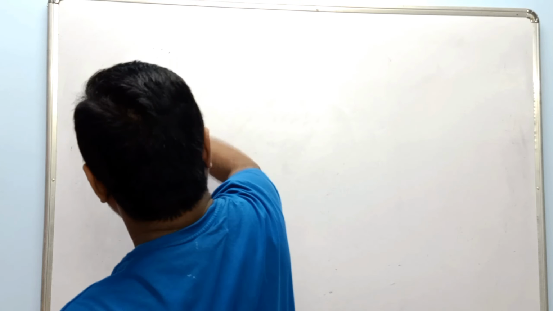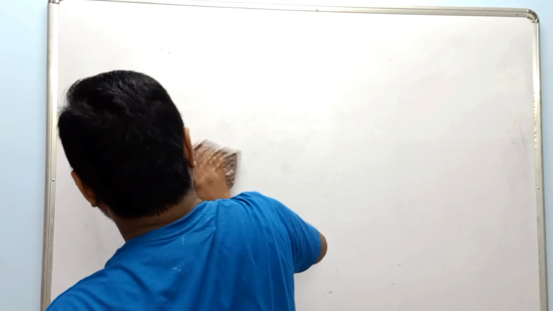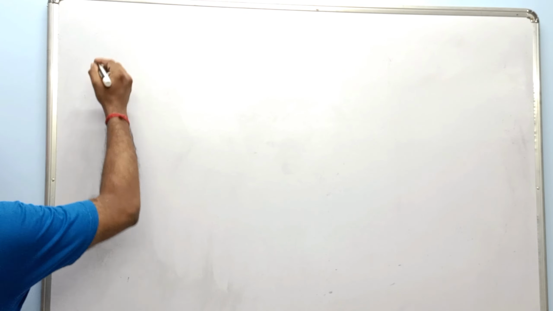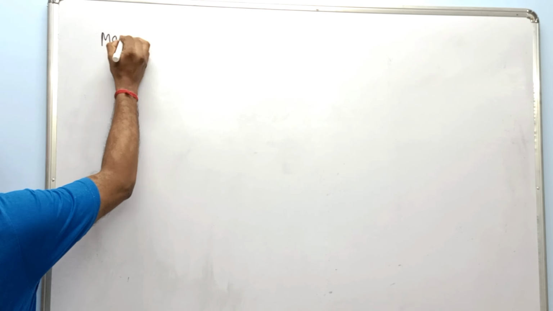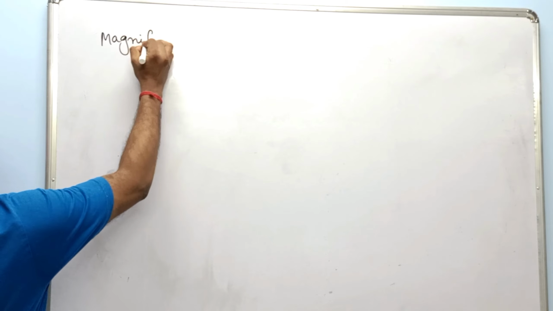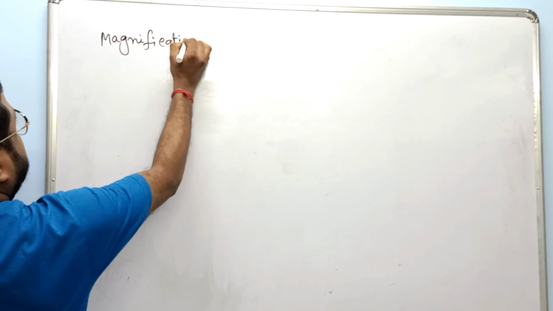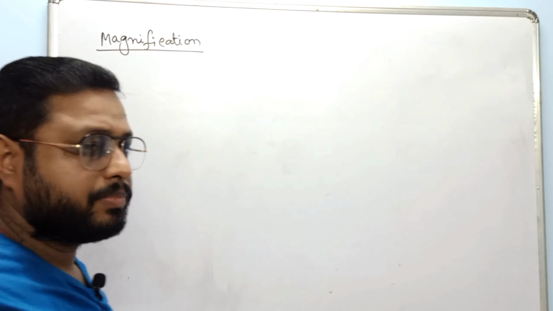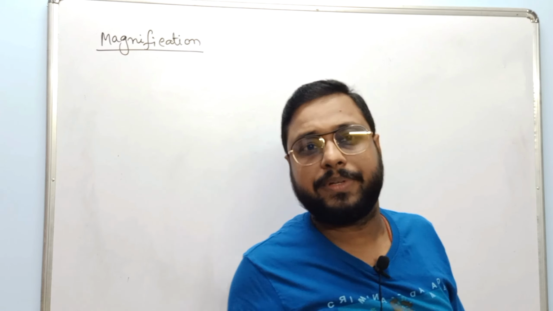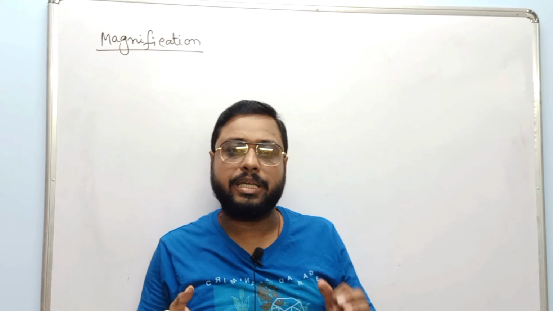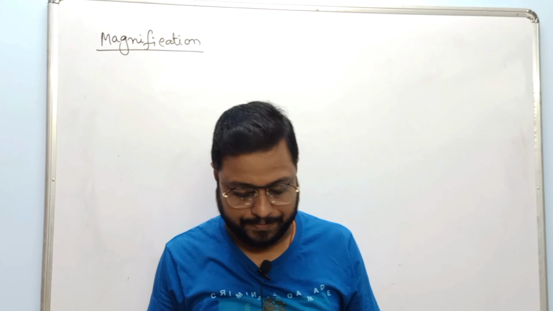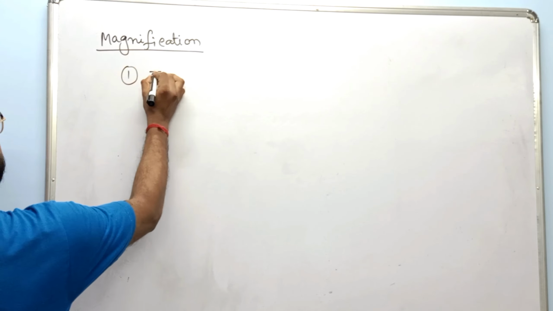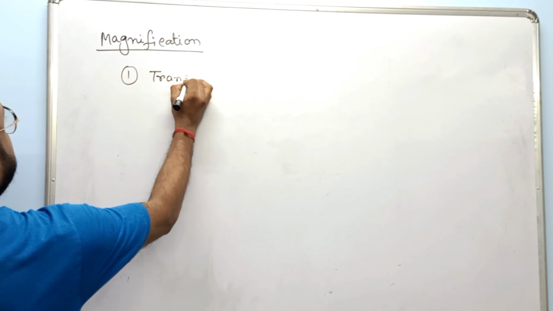So now we go with the magnification. What is magnification? Magnification is nothing but how the object is enlarged or diminished relative to the image size or image distance. So magnification may be of three types. Number one is transverse magnification.